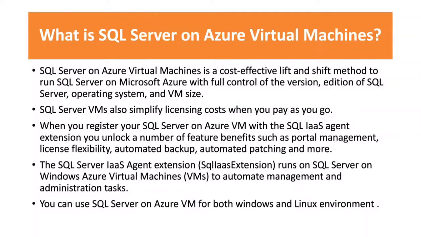There are many more features which you can use with the help of this extension. The SQL Server IaaS agent extension, which is also called the SQL IaaS extension, runs on SQL Server on Windows Azure Virtual Machines to automate management and administration tasks. You can use SQL Server on Azure VM for both flavors, Windows and Linux. So you have both the options.